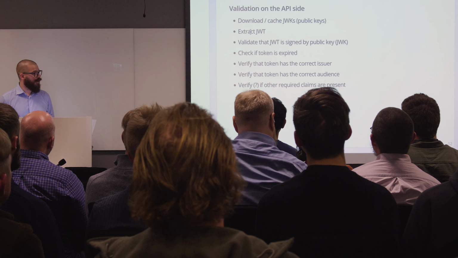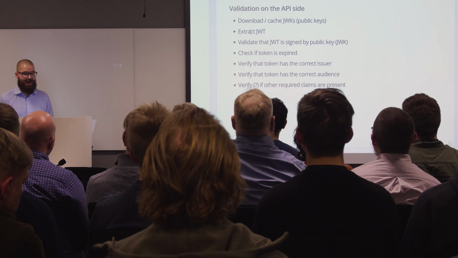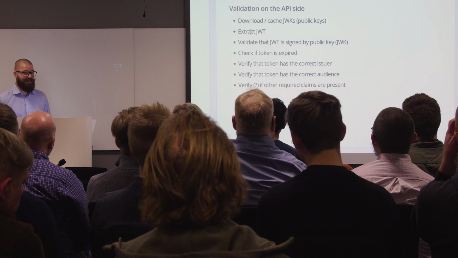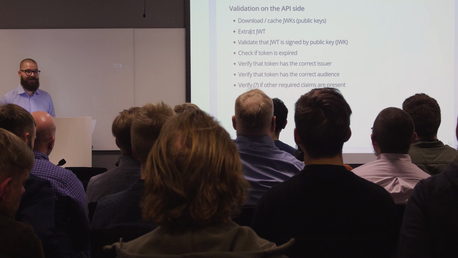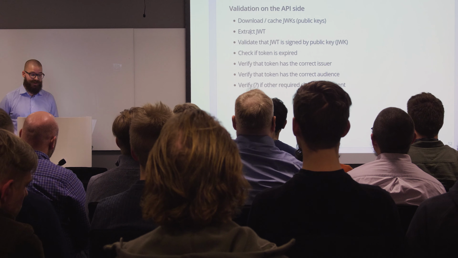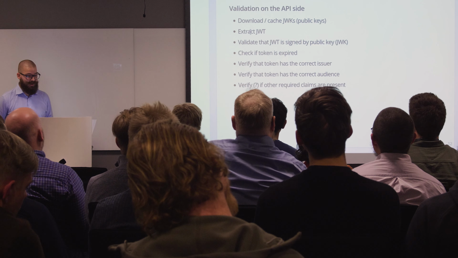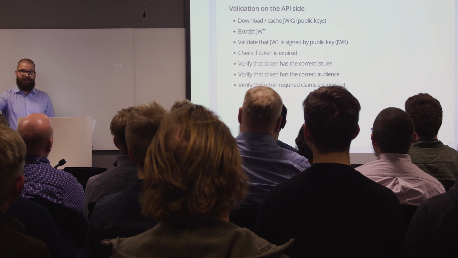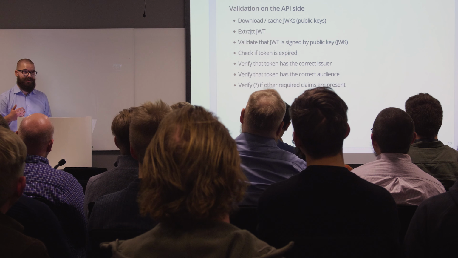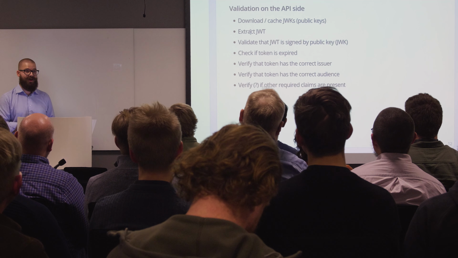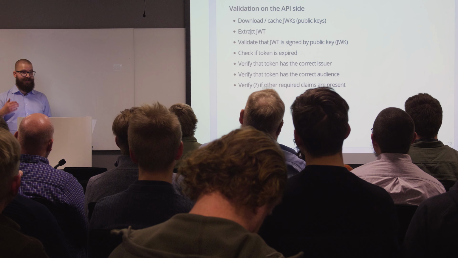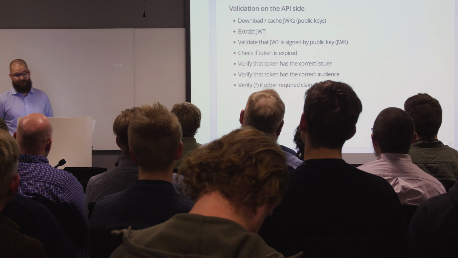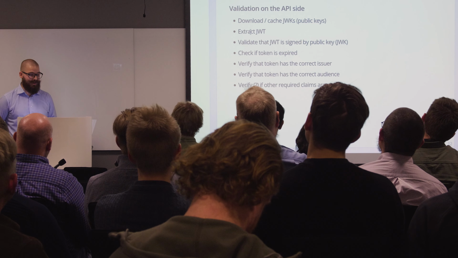So when you have your access token and you want to access an API, what do you have to do to actually validate that this token is issued from the correct authorization server? A few of the steps: when your server, your API, starts up, you have to download and cache the public keys from the authorization server to be able to validate that the tokens you receive are signed by the private key connected to this public key.